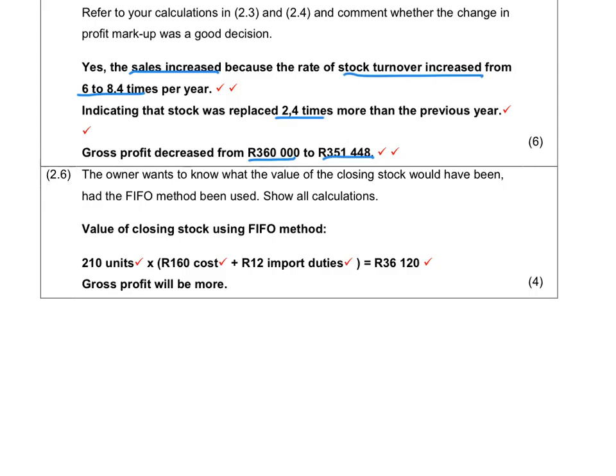So the only ones that are left over are the units of the last purchases, 210. The cost of those units was 160 Rand, and the import duties were 12 Rand. So if we multiply the 210 with the 172, the closing inventory would be 36,120.